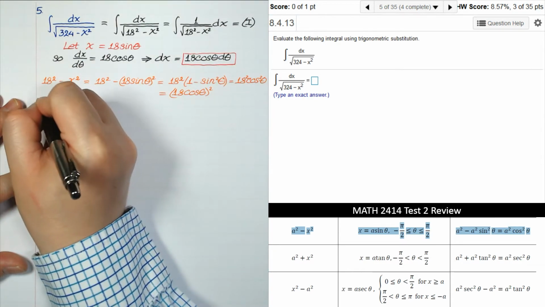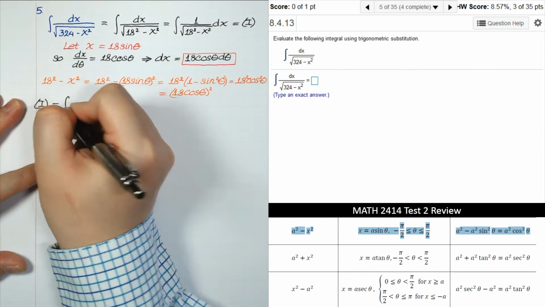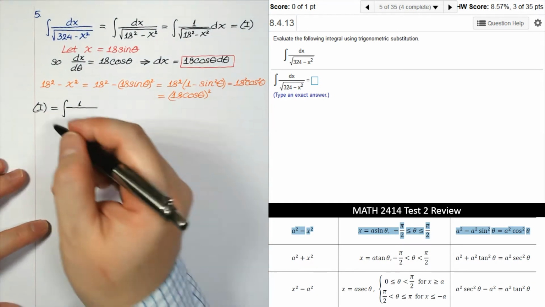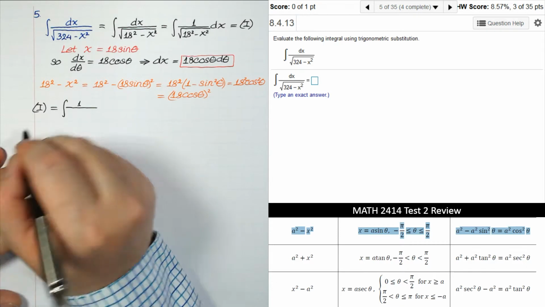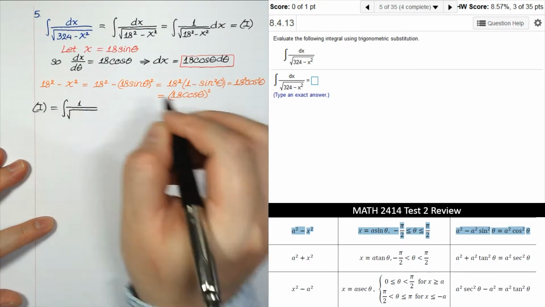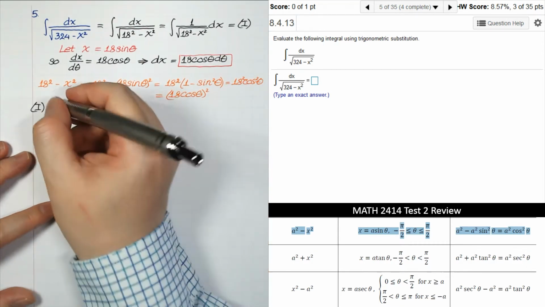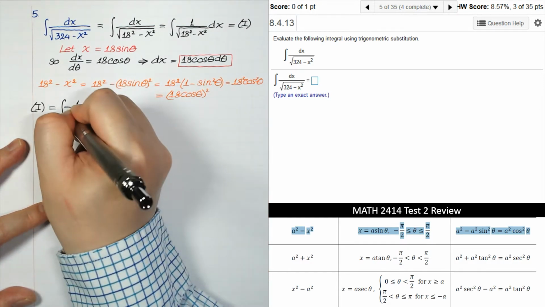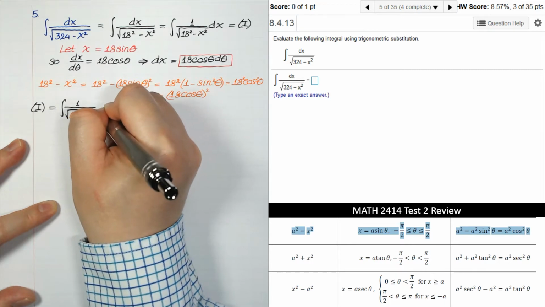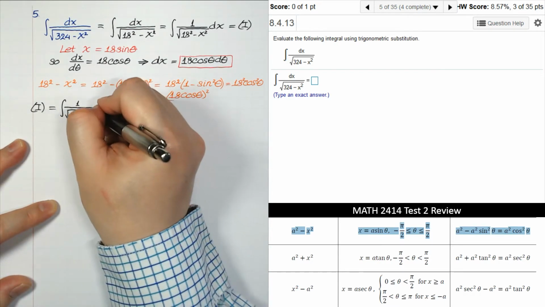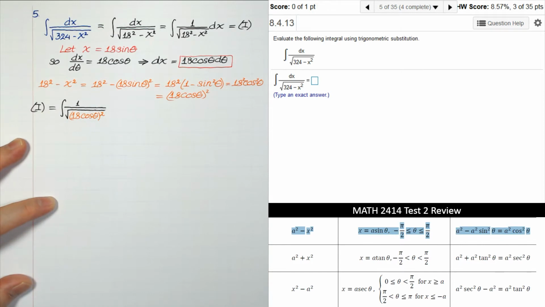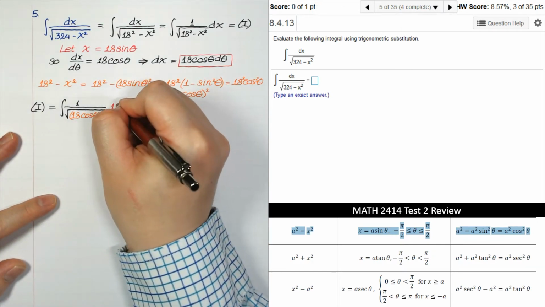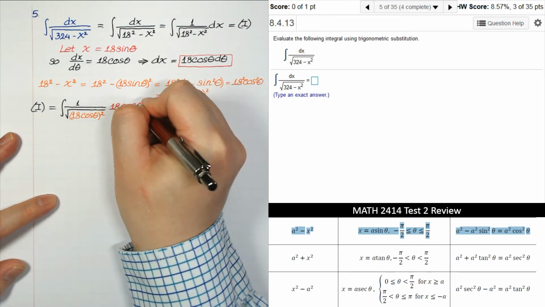Right, now put it back into the integral. 1 over the square root of 18 squared minus x squared, that is 18 cosine, times dx, which is 18 cosine theta d theta.